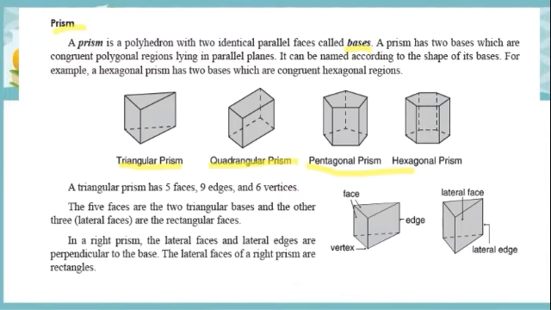So, when we say hexagon, it has 6 sides. So, ang prism nga na ay 6 sides is what we call hexagonal prism. Okay, so we have a triangular prism. Pila ka buk ang face sa triangular prism? We have 5 faces, 9 edges, and 6 vertices.